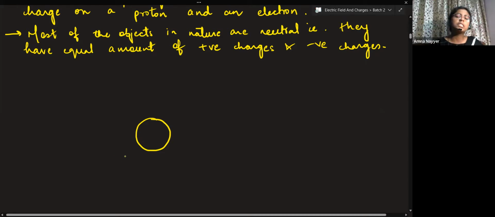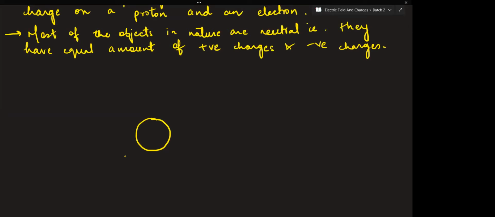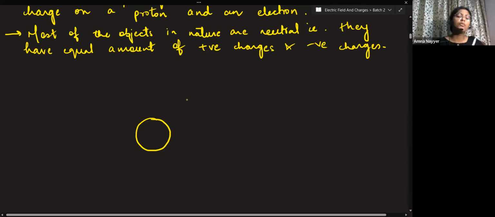Now tell me, what does the nucleus consist of? Elementary particles, protons, neutrons. Out of all these elementary particles, the nucleus comprises of protons and neutrons majorly.